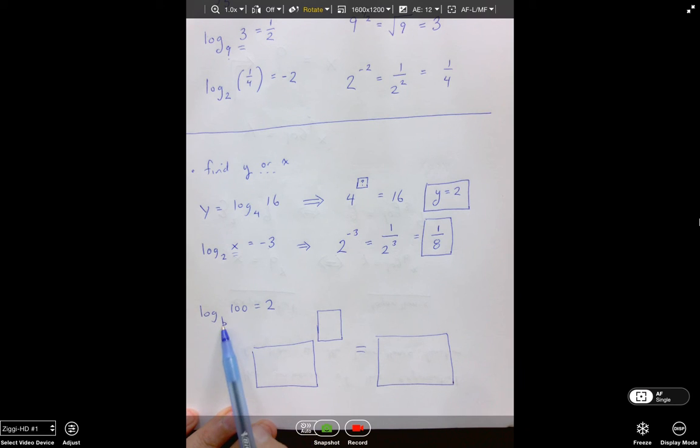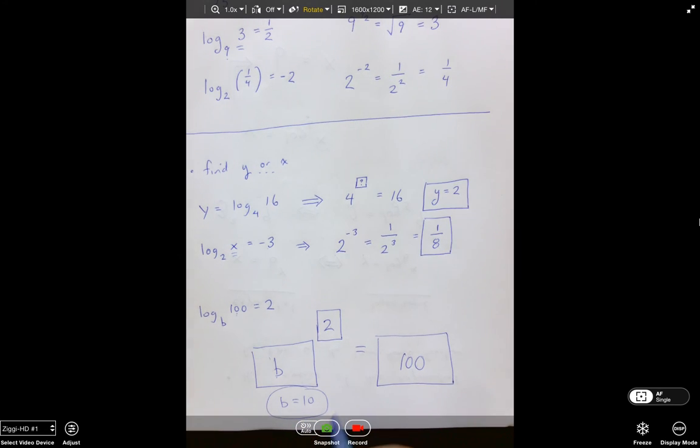The b has to go as the base. The answer is the exponent. And the 100, in a sense, is the answer to the exponential relationship. So what squared gives us 100? Don't you wish I'd do that on your exams? Mess up.